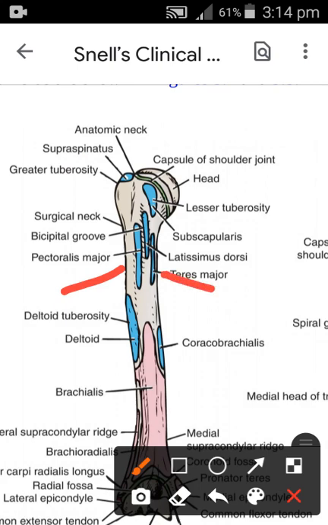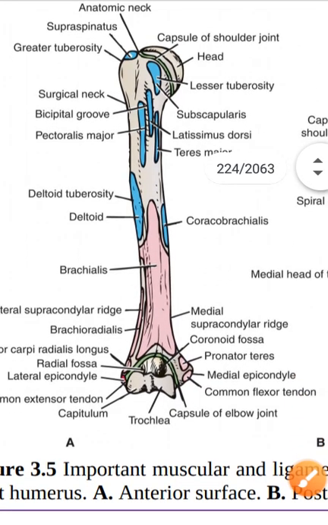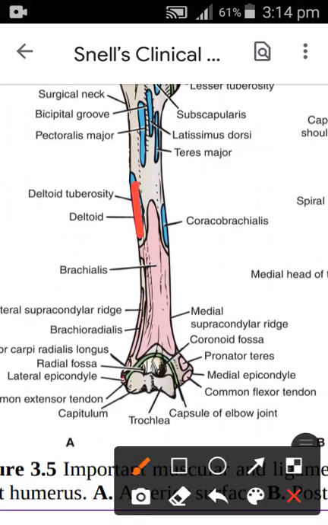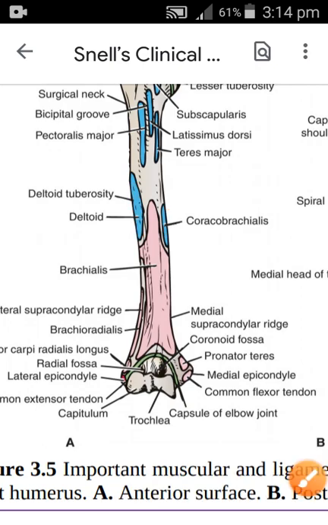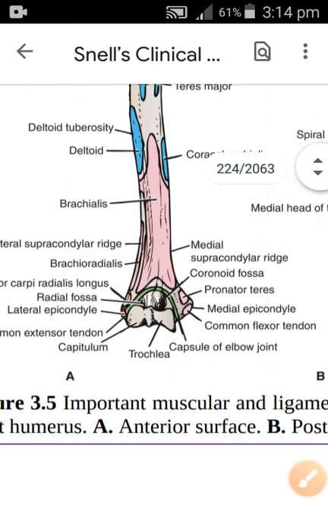Now, this is the deltoid tuberosity, which is present on the lateral side of the humerus, and the coracobrachialis insertion is on the medial side of the deltoid tuberosity. Now, this is the brachialis origin from the shaft of the humerus, and then the pronator teres muscle, which is attached on the medial epicondyle.